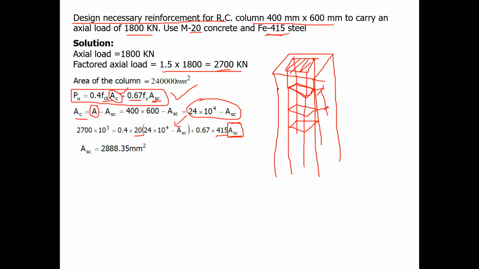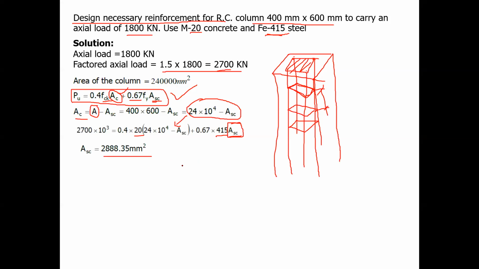All are getting the answer? Okay. So here you have to check whether it is within the limit or not. As you know, for column, the minimum and maximum percentage of steel to be provided is 0.8% to 6%.